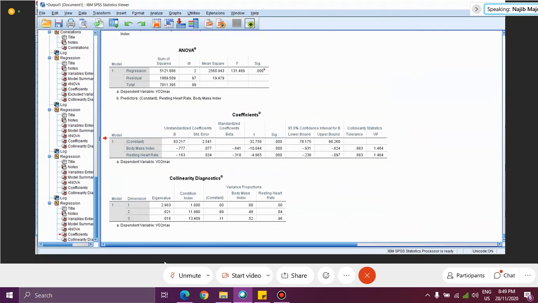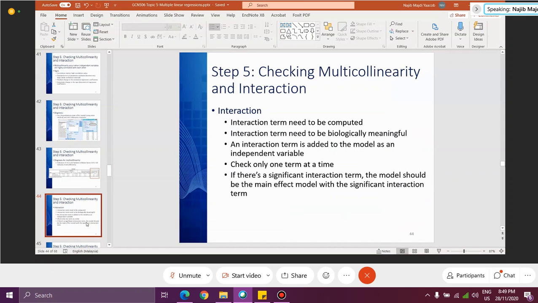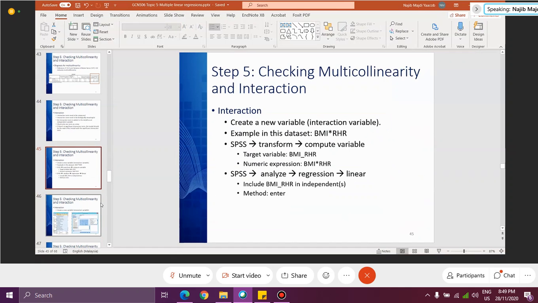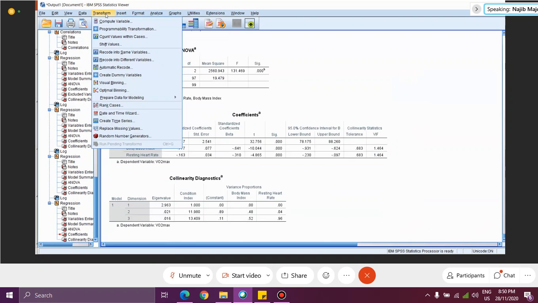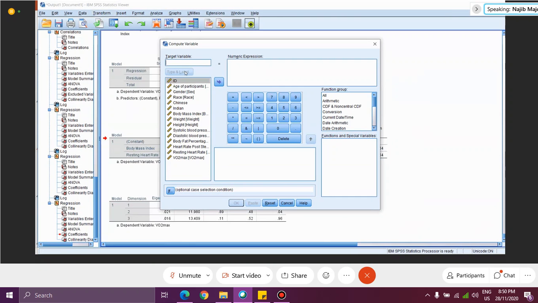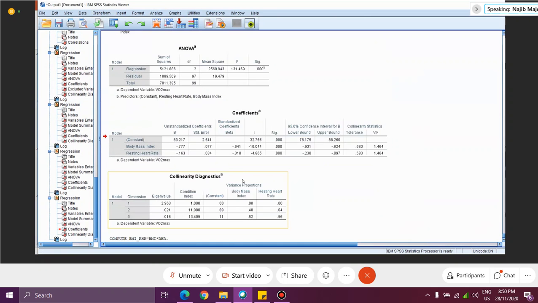Okay, so how to perform the analysis is to compute. The first step is to compute the interaction term between BMI and also resting heart rate. So transform, compute variable, BMI resting heart rate is equal to, we use the multiplicative method, BMI multiplied by resting heart rate, then click OK.